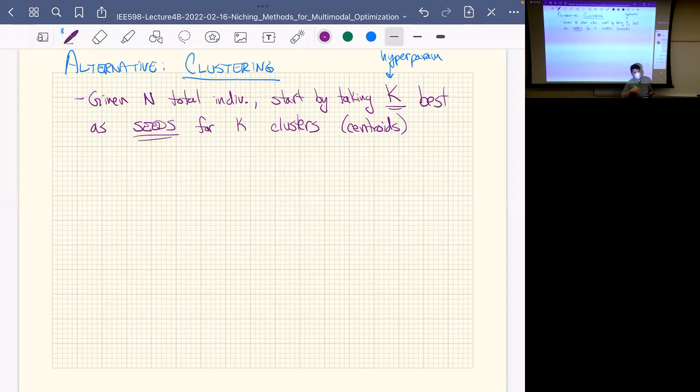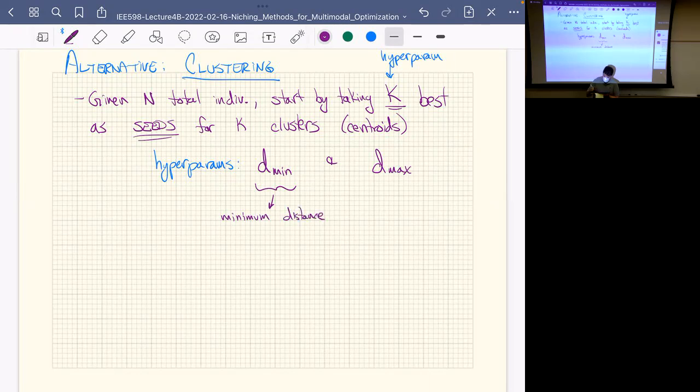Then we have these two other hyperparameters: distance minimum, dmin, and dmax. The distance min is our minimum distance between cluster centers.